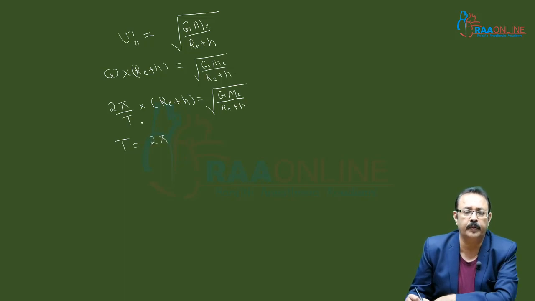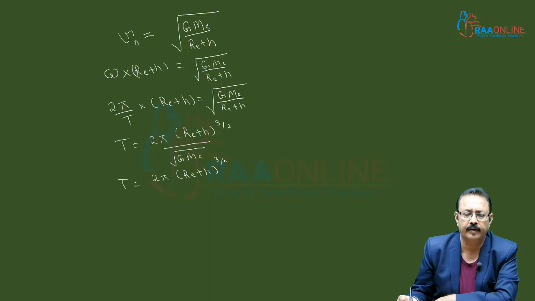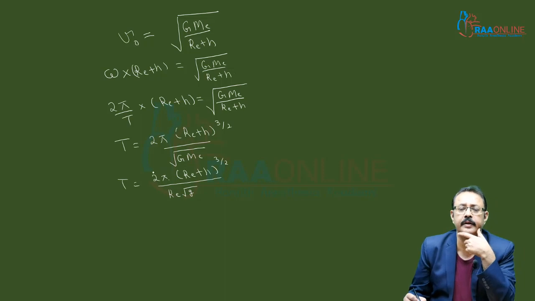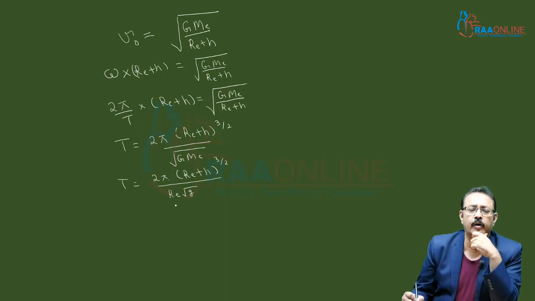T is equal to 2 pi, take T on that side, (Re plus h) raised to the power 3 by 2 upon root GMe. Root GMe means g Re². We know what is GMe. So we got this result.